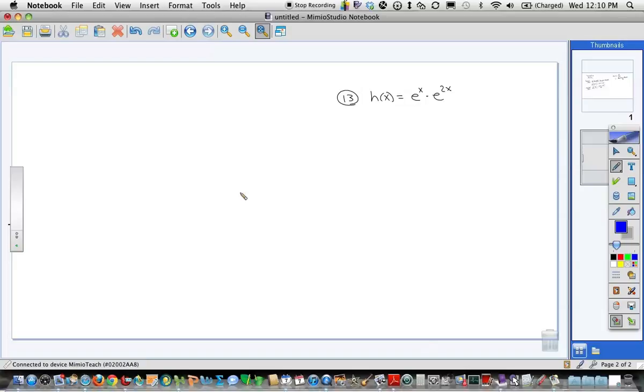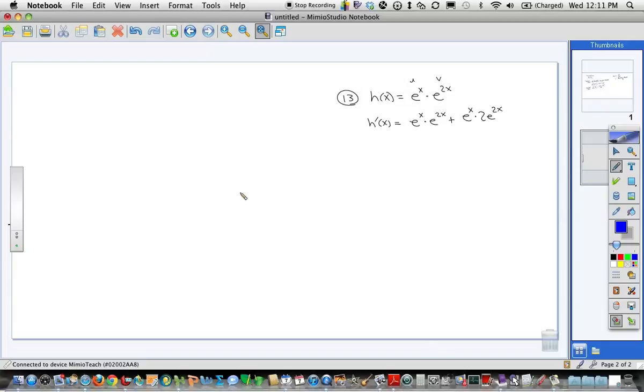Okay? So in this case, let's pretend we didn't see the algebra that we could do. And so we said, hey, here's a product rule. It's a u and a v right there. Correct? So the product rule would tell us that h prime is what? U prime, which would be e to the x, times e to the 2x left alone, plus, and this is a weird one because when you do the derivative of e to the x, it's like you're leaving it alone, so it seems strange. So we leave the e to the x alone, and that's 2 e to the 2x.